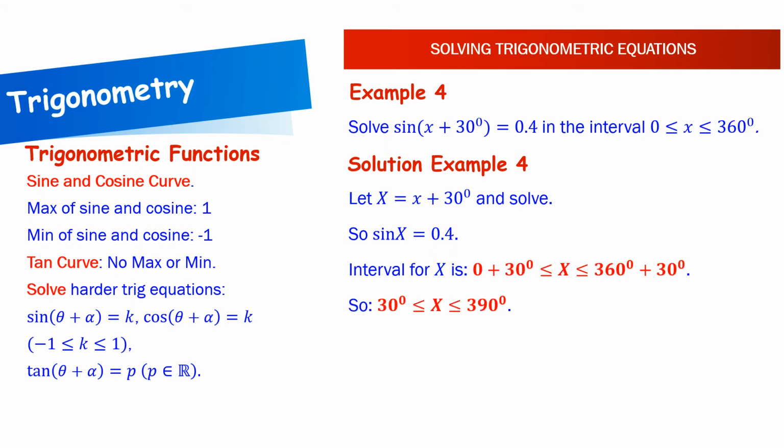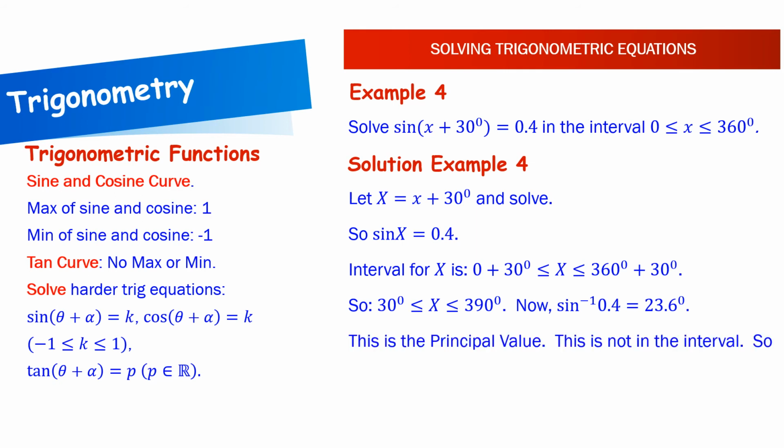And therefore, capital X goes from 30 degrees to 390 degrees. Now sine inverse of 0.4 equals 23.6 degrees. You can find this from your calculator. This is the principal value, and it is not in the interval, because clearly capital X goes from 30 degrees to 390 degrees.